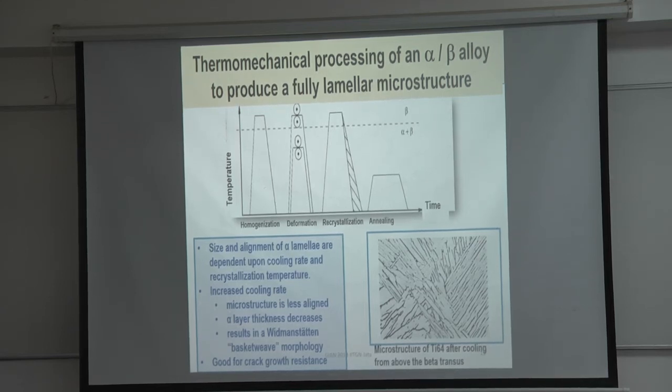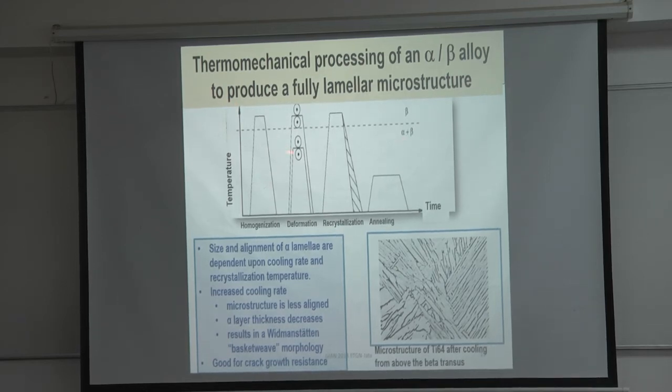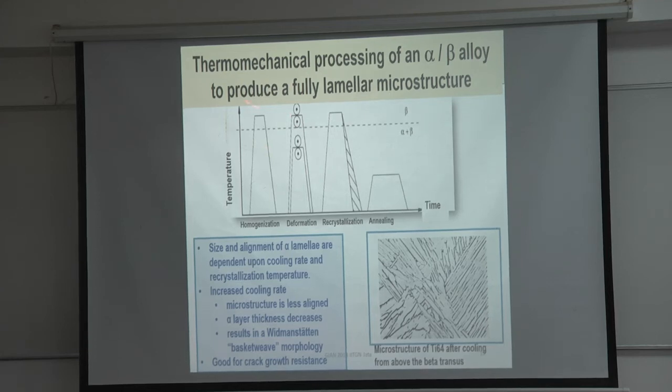So homogenization of the ingot, thermomechanical work either here in the alpha-beta region, or in the beta region, right? And you can take it for recrystallization and then annealing it. And then cooling will produce this microstructure.